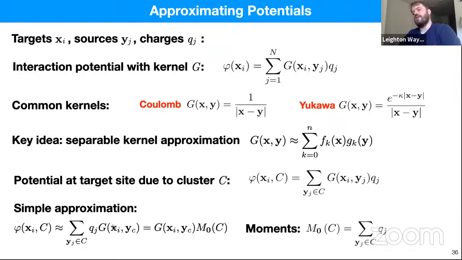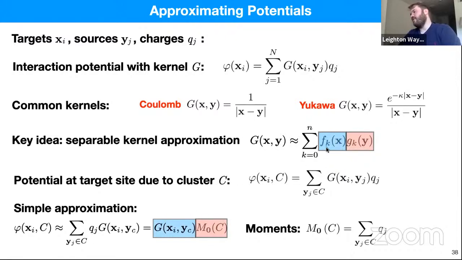And that's what we're doing here, right? So we replace this sum here with this evaluation of the kernel at the target xi and the center of our cluster yc times this moment of c. This moment is just the sum of all of our source charges. So you'll notice this takes our separable form.